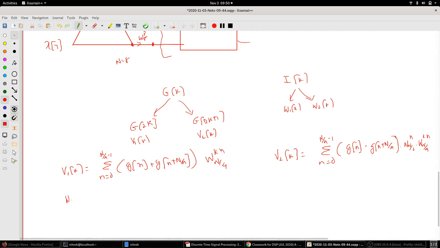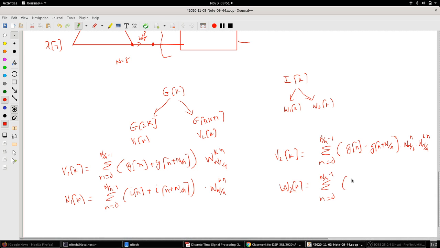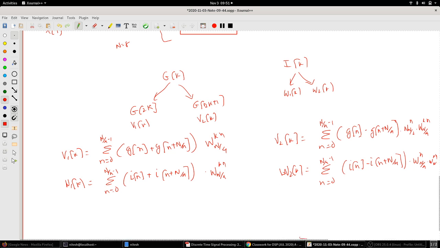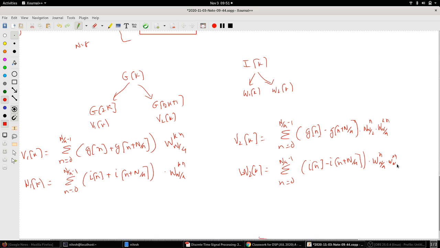So they will be exactly similar. w1 of k will be equal to summation n equal to 0 to n by 4 minus 1, I of n plus I of n plus n by 4 into Wkn of n by 4, and w2 of k will be equal to summation n equal to 0 to n by 4 minus 1, which is I of n minus I of n plus n by 4 into Wn of n by 2 into Wkn of n by 4.